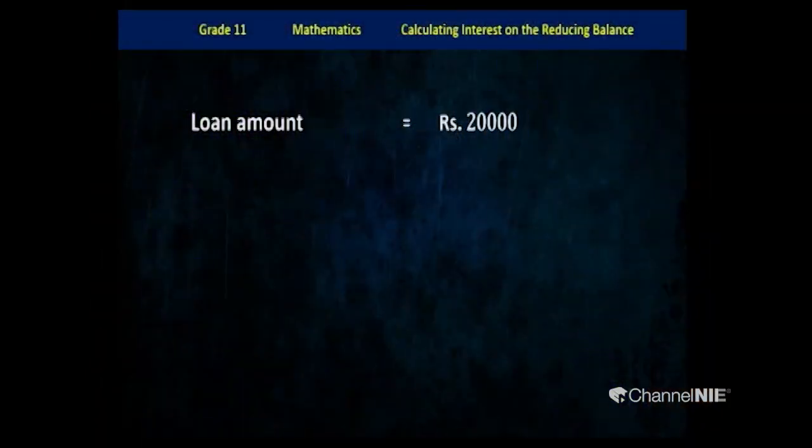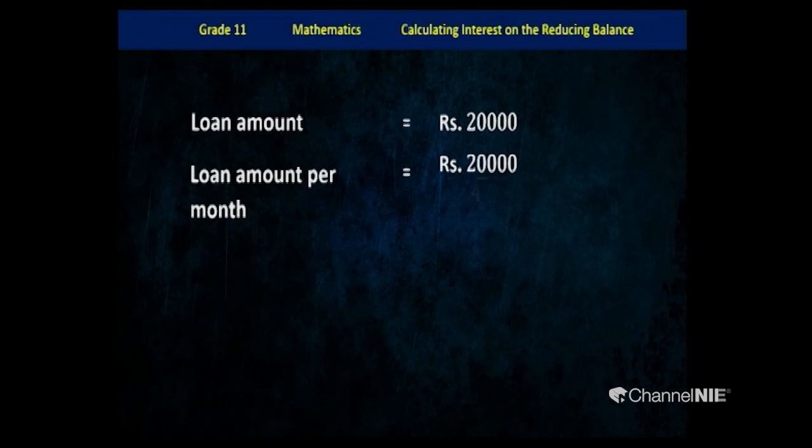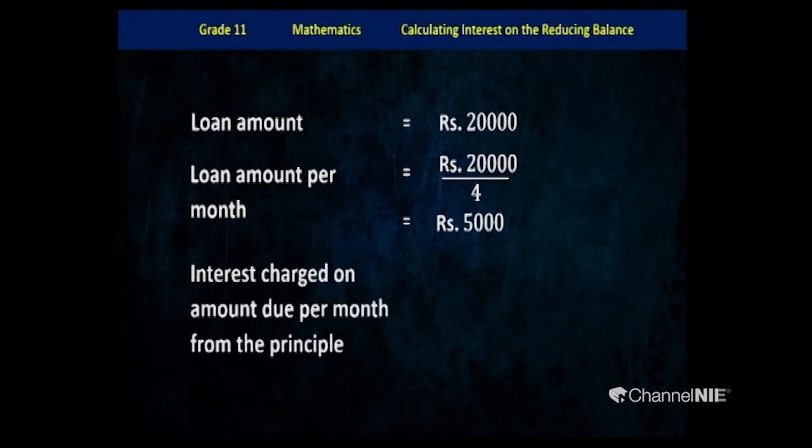Loan amount is 20,000. Loan amount per month, 20,000 divided by 4, answer is 5,000. Then second one, we have done it earlier also. Then interest charged on amount due per month. Here the amount due per month is 5,000. Then let's calculate 5,000 into 12% into 1 upon 12. 5,000 is the part of loan paid per month.